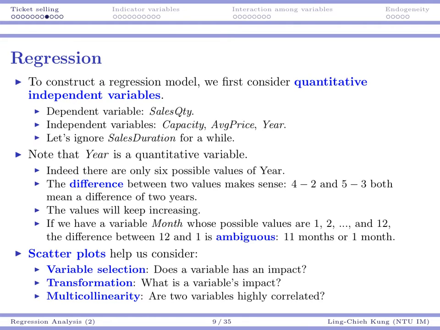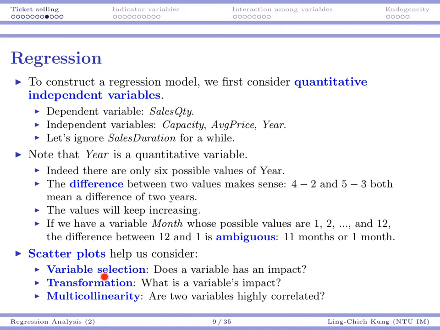Okay, so now we have selected 4 variables and we want to focus on the regression model with them. So we should first get some scatter plots, right? Because we want to know whether we need to do any variable selection. That means, does a variable have an impact?